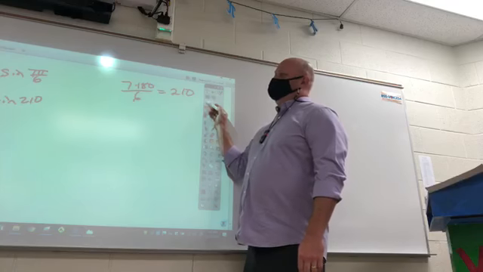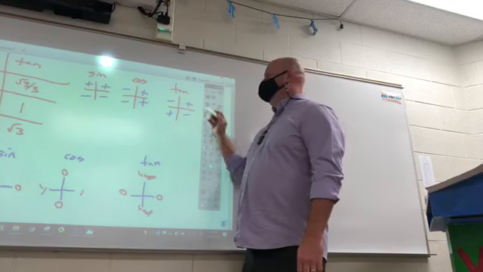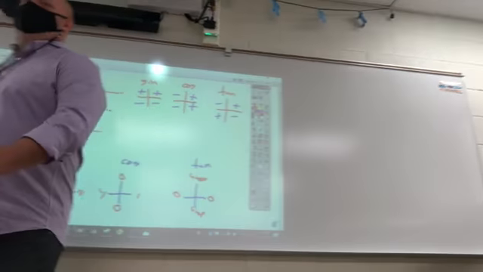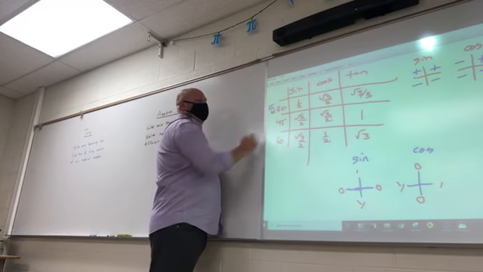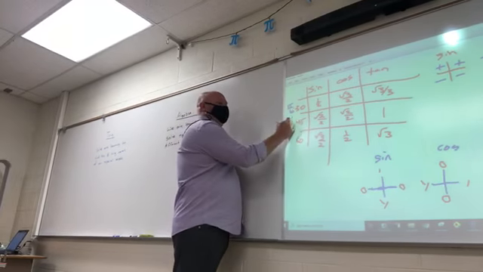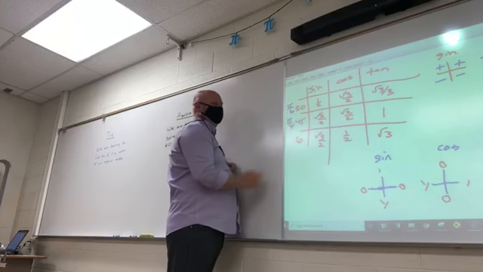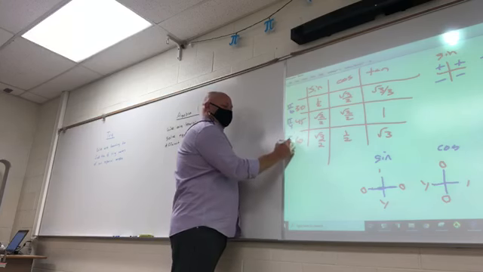What I actually like to do with this table is I like to add in here. This is the same thing as pi over 6. This is the same thing as pi over 3.